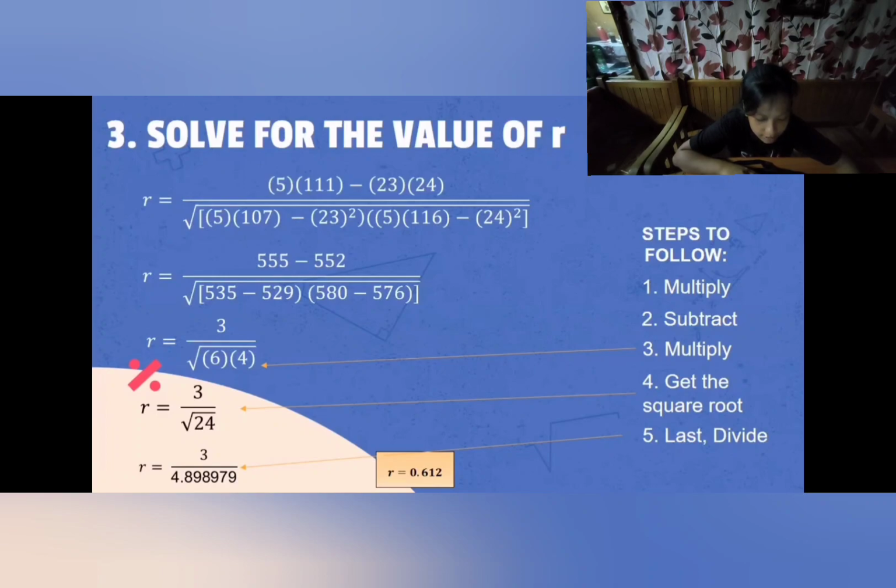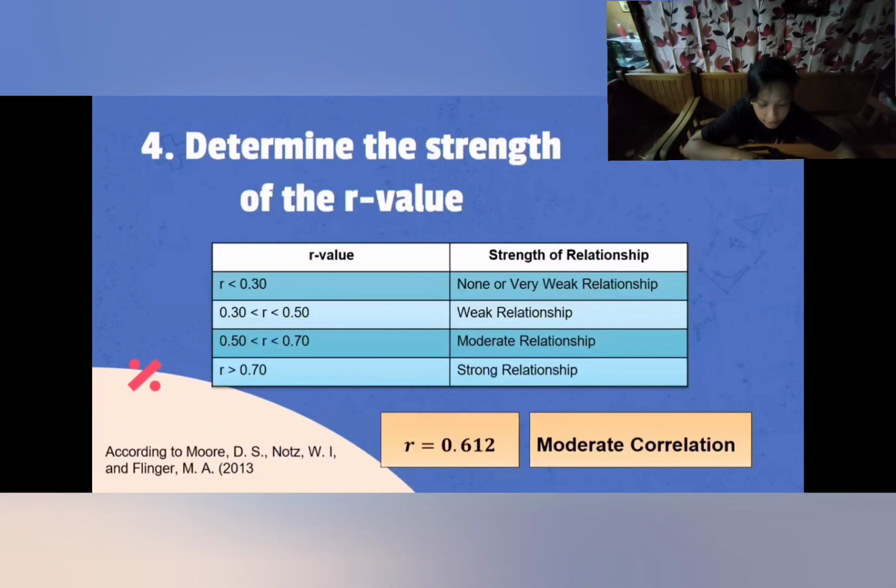The question is, what is the strength of relationship of 0.612? That's the last step. Determine the strength of the r value that we had a while ago. In order for us to know the strength of relationship, we have here the r values. If your r value is less than 0.30, the strength of relationship is none or very weak.